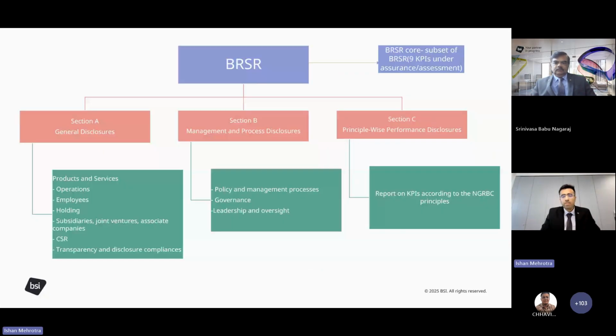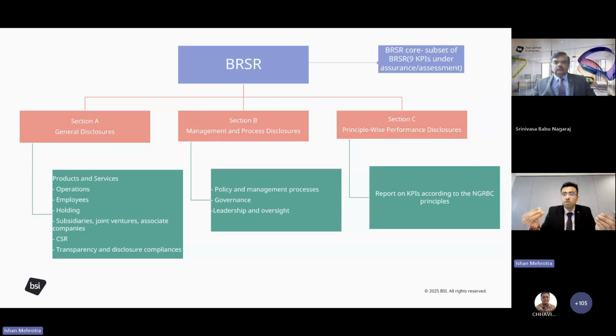Now, when we talk about BRSR Core, definitely a subset of it, which is a set of 9 KPIs under the assurance and assessment mandate. BRSR is largely divided into 3 sections. Section A talks about your general disclosures, meaning what your organization is, what service or product you are offering in the market, who your group companies, subsidiaries, JVs are.